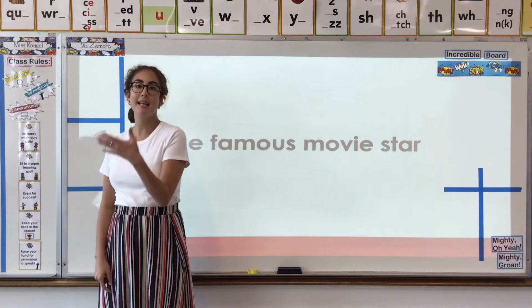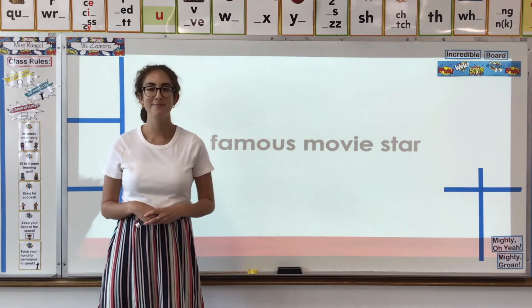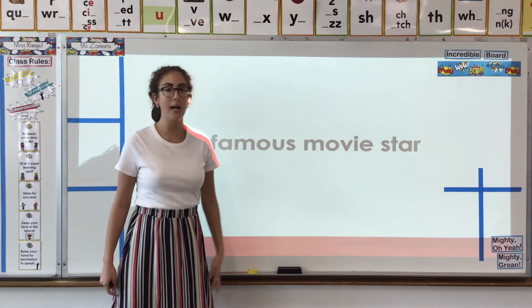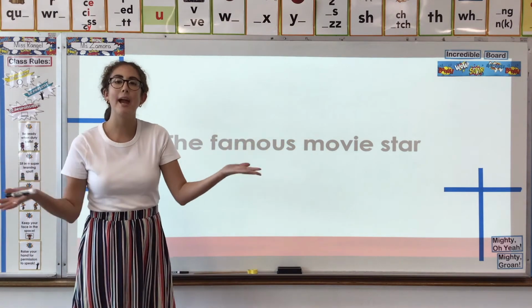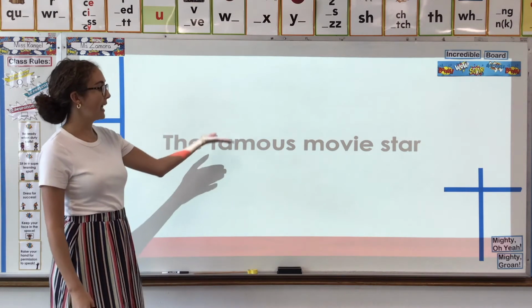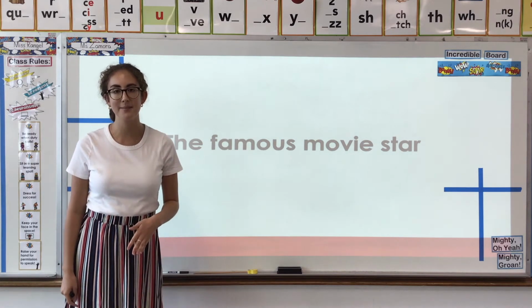Is this naming or telling? It's naming. The movie star is a who. It's the character and who our sentence is about. So, if we have our who, what do we need to complete this sentence?